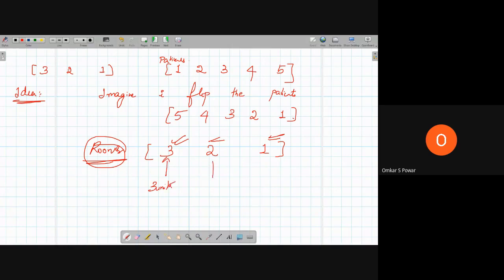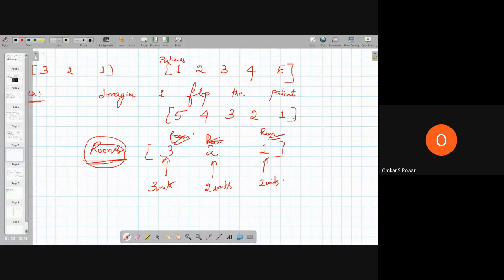In room number 2, you will get 2 units of vaccine. And on the last day, you will get 1 unit of vaccine in room number 1. So this is room number 1, room number 2, and room number 3. Now see how I am going to solve that. How many medicines are used? Because it's difficult, right?